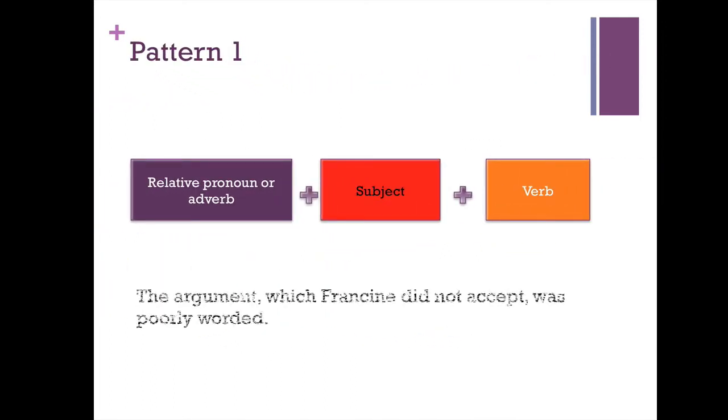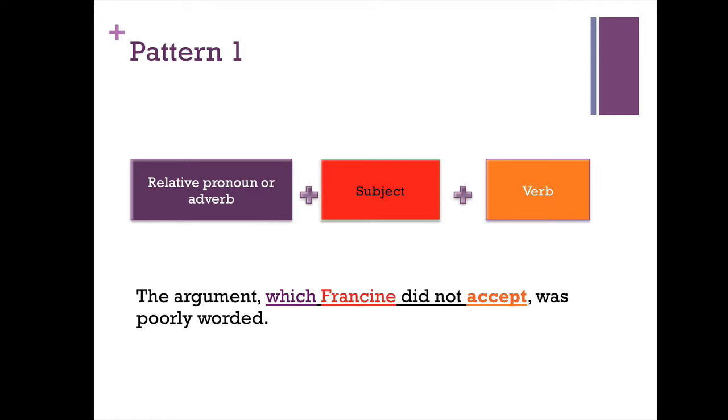First of all, pattern 1. The argument which Francine did not accept was poorly worded. Okay. First of all, we have the relative clause itself, which Francine did not accept.